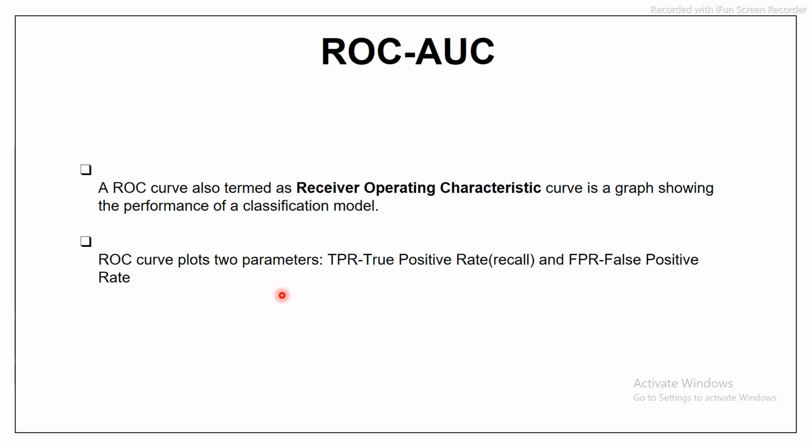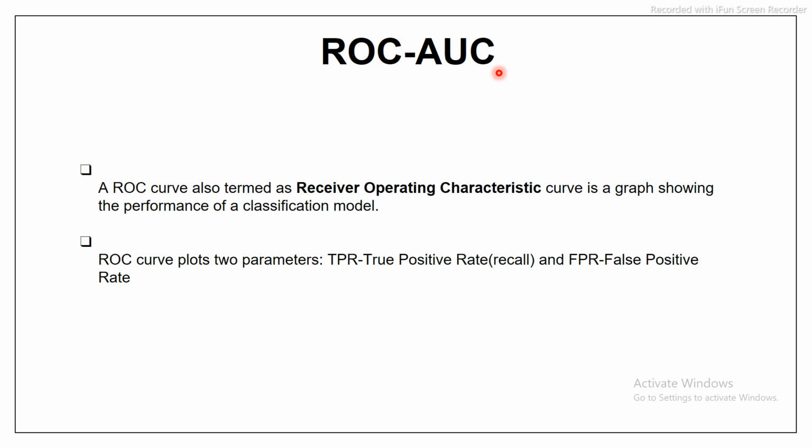Now the receiver operating characteristic curve, and the area under curve, this AUC is area under curve. Our ROC curve is termed receiver operating characteristics, and it's simply a graph. If you plot it out in Python, maybe in R or some other tools, you will see some graphs touching 1, and that shows the performance of a classification model.